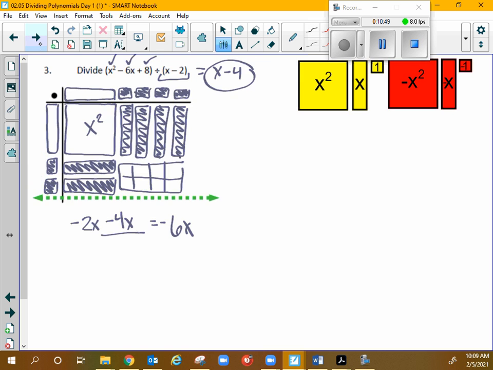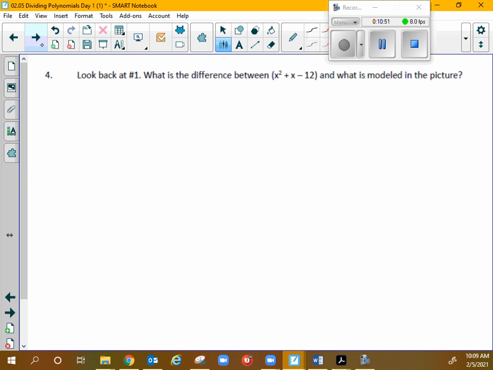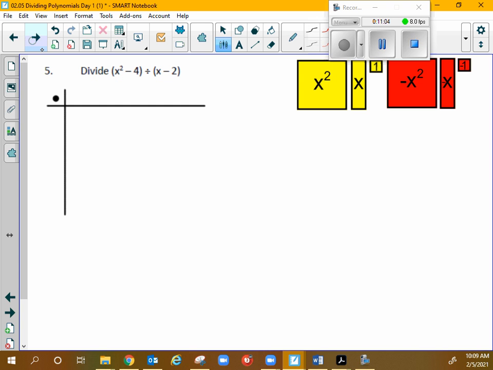So you are going to run into a scenario where you have to create 0 pairs, 0 pairs that cancel. So let's divide x squared minus 4 by x minus 2.